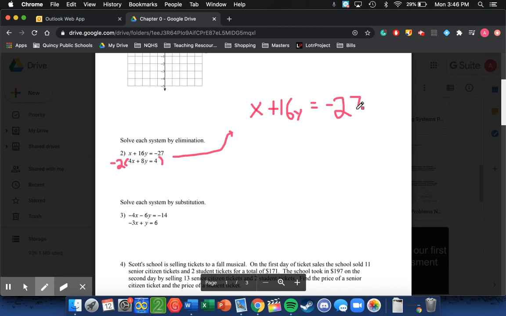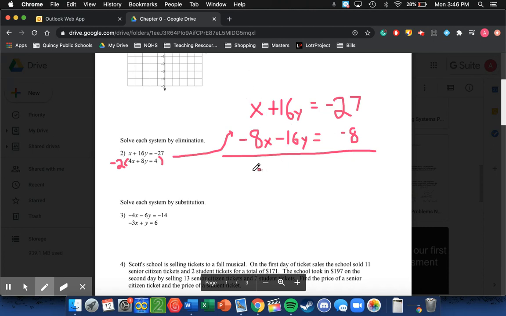And then we have negative 8x, because I've now multiplied by negative 2, minus 16y, because I'm doubling it. And lastly, let's make sure I get this one right. Positive 4 times negative 2 is negative 8. So let's stack these and put the pieces together.